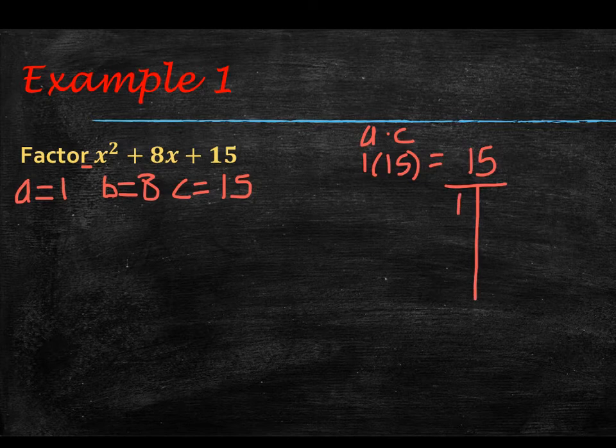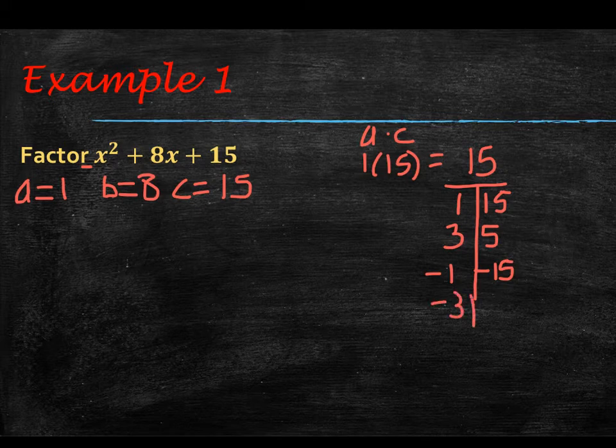So we have 1 and 15. 2 does not go into 15, so then I'll go to 3. 3 times 5 is 15, and then of course we have the negative values as well. So negative 1 times negative 15 gives us a positive 15, and negative 3 times negative 5.